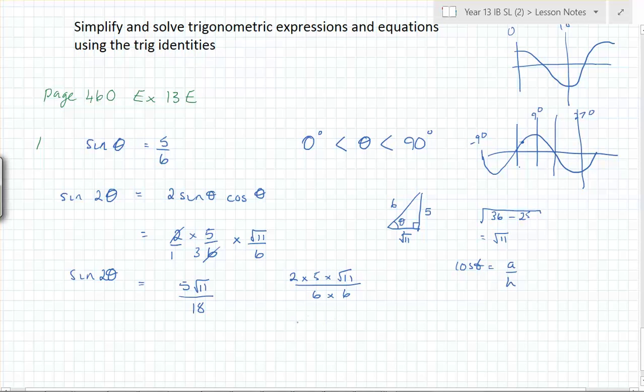So that's 10 root 11 over 36, and then there's a common factor of 2, so that becomes 5, and that becomes 18, because you've divided top and bottom by 2. So I might as well just do it at the start.